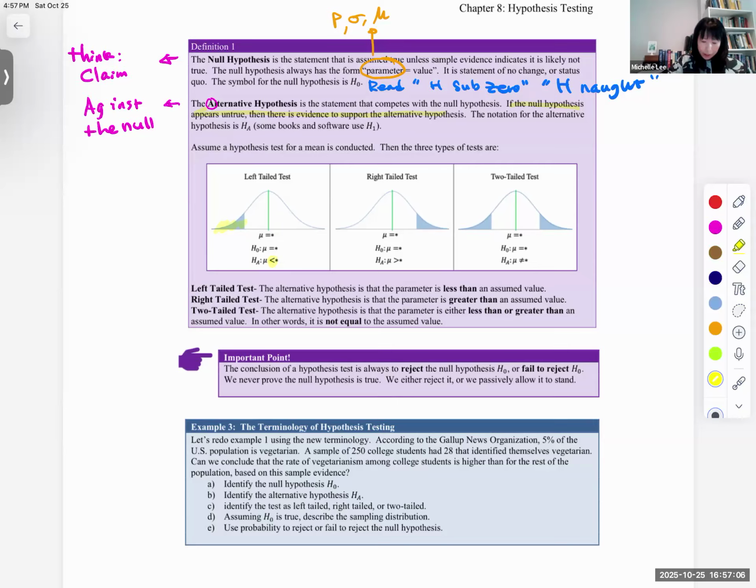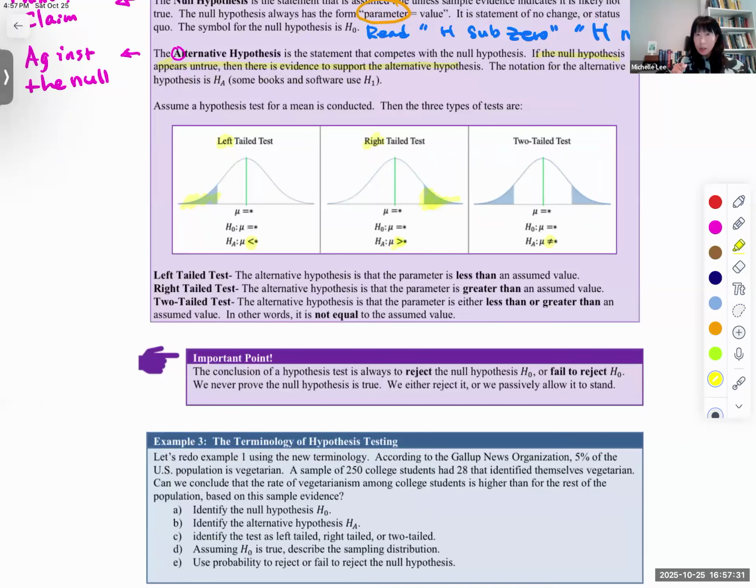For the right tail test, the inequality symbol points to the right side, and the shading area is on the right side. For the two tail test, the inequality symbol is not equal to. So we have left tail, right tail, and two tail.